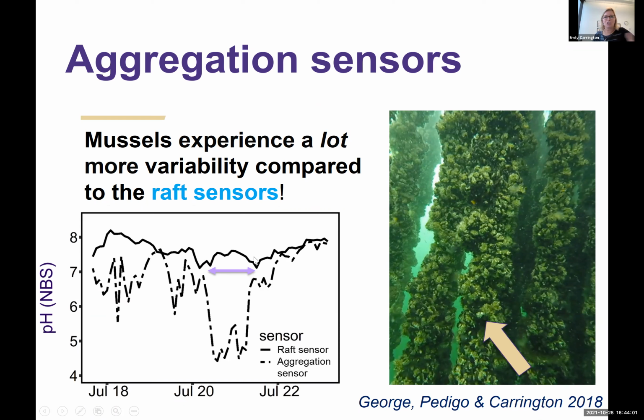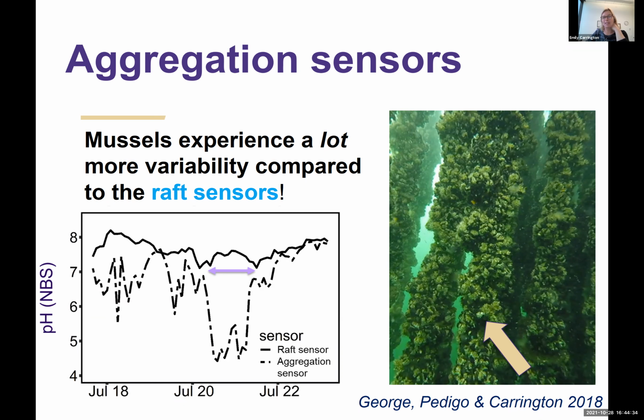And this is just to show over a few days that we saw a huge drop in pH, all the way down to 4. So what this showed us is that on a very fine scale, I call this a micro scale, and I mean like a centimeter scale, water chemistry is really different adjacent to the animals compared to even just a few feet away. And that is also very different than what we would be measuring well offshore.